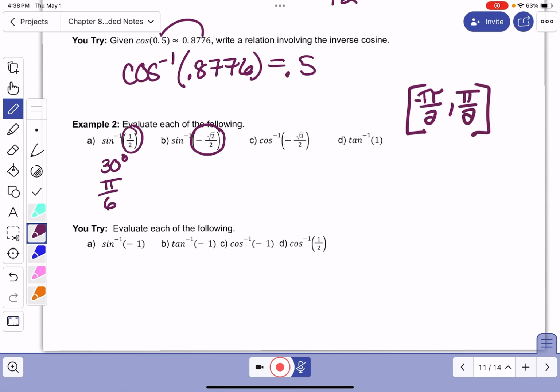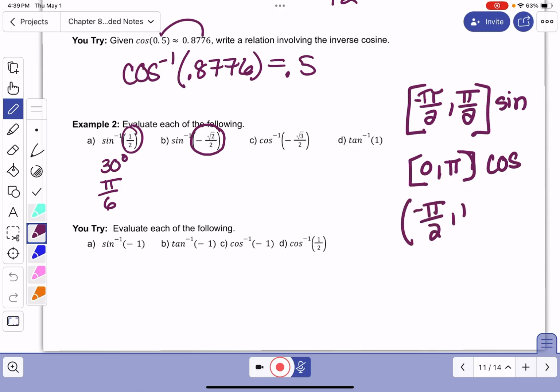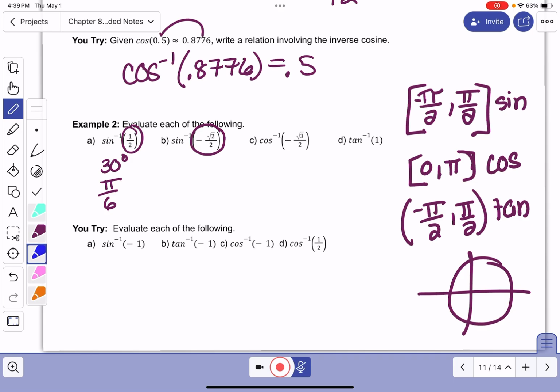If it doesn't fall in that range, we'll figure out which angle does. For cosine, we're going to do 0 to pi. And for tangent, we're going to do negative pi over 2 to pi over 2. The reason we choose those is it gives a quadrant on our unit circle where they're both positive.